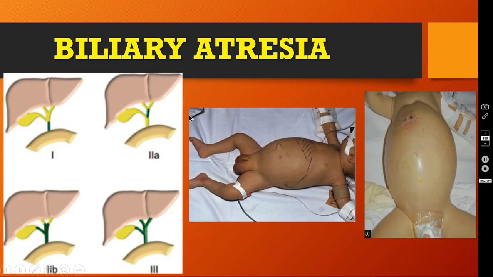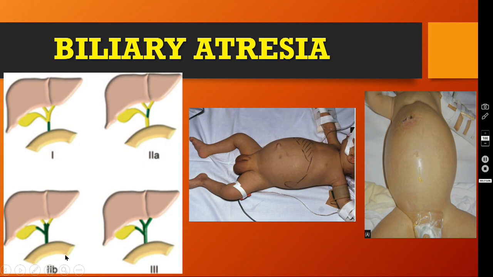Here you are seeing the varieties of biliary atresia. Here the whole gallbladder, cystic duct, right and left hepatic ducts and the common hepatic duct are atretic, whereas the distal CBD is patent. Here only the common hepatic duct is atretic.